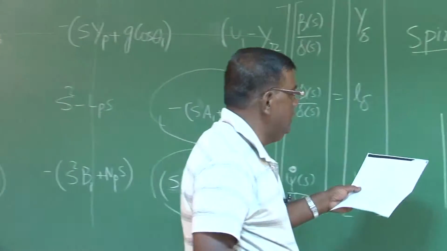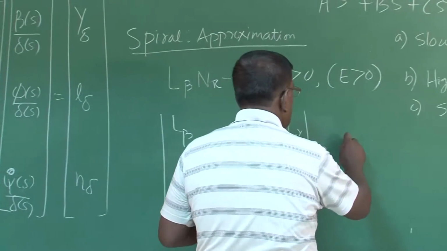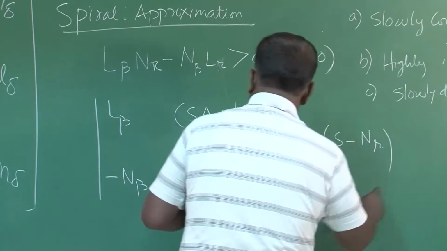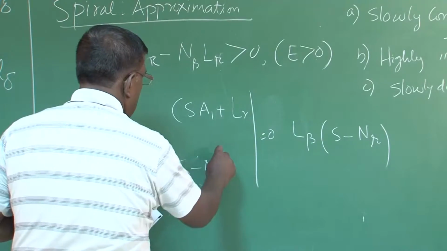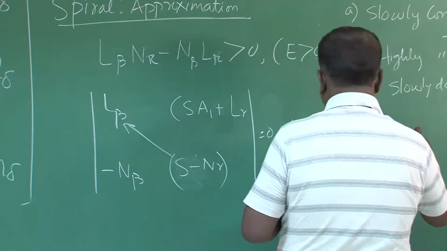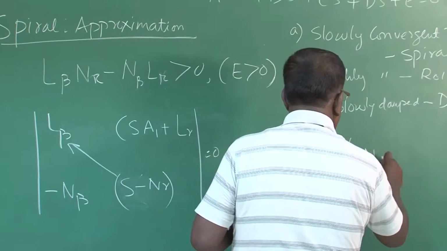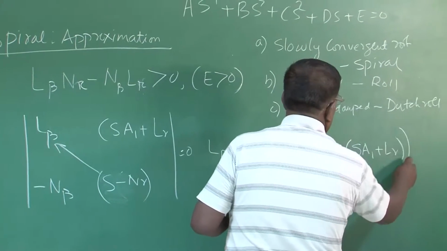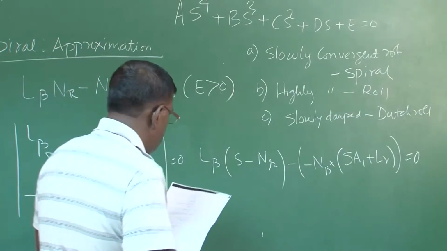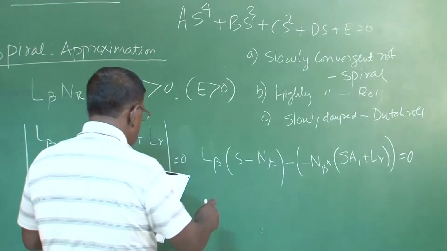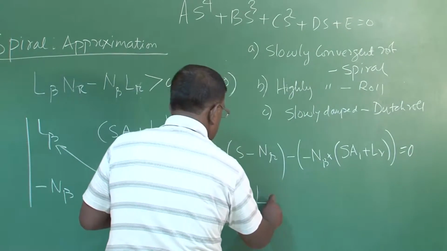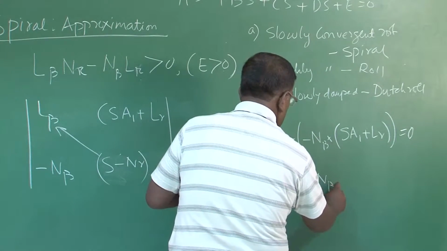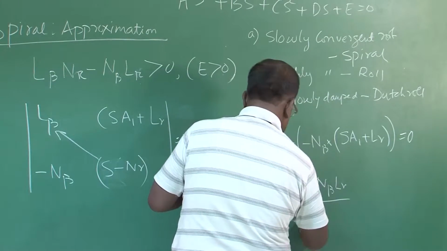And if I now expand this, I will find L beta into s minus Nr, you see this one, minus N beta into s a1 plus Lr. This is equal to 0, which gives me the value of s as L beta Nr minus N beta Lr by L beta.